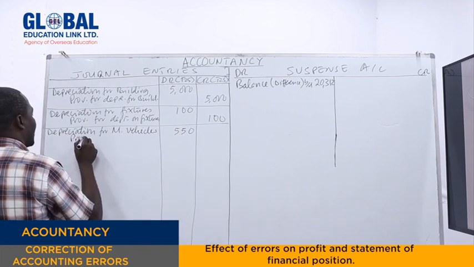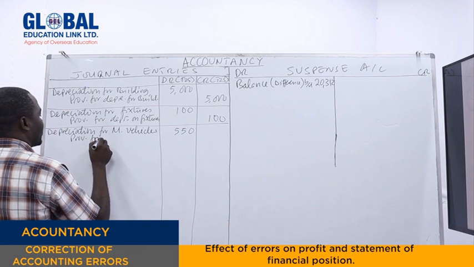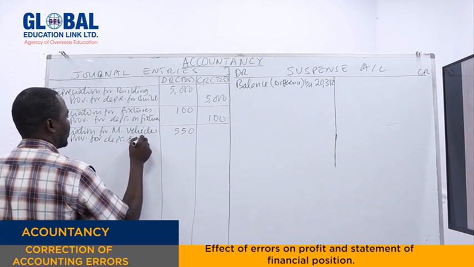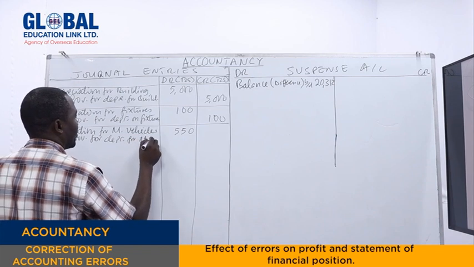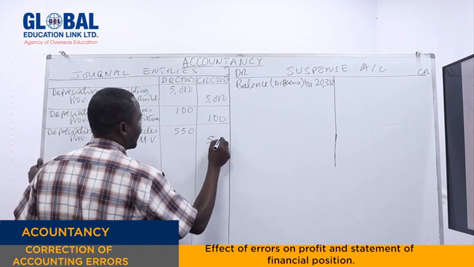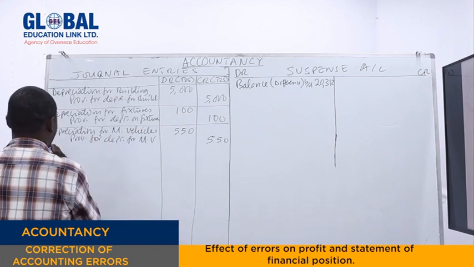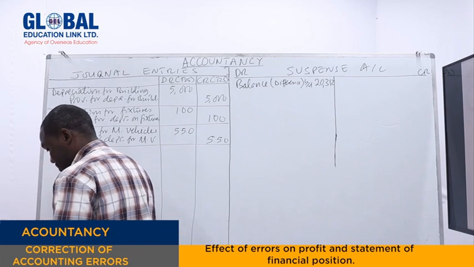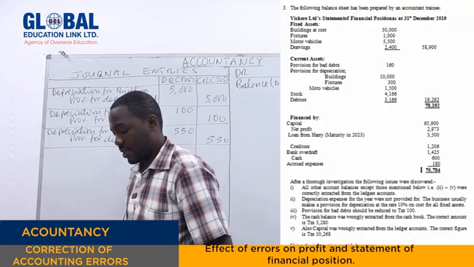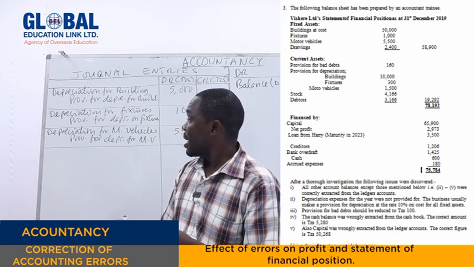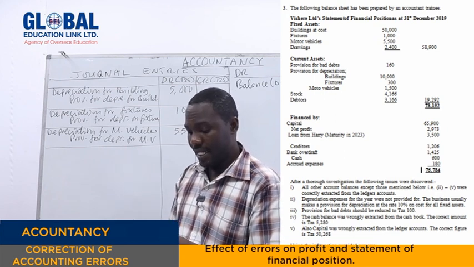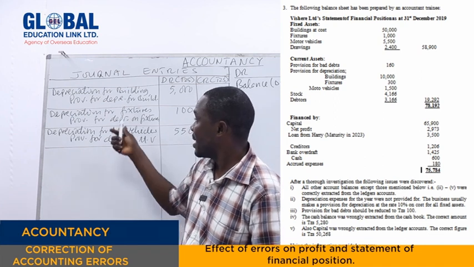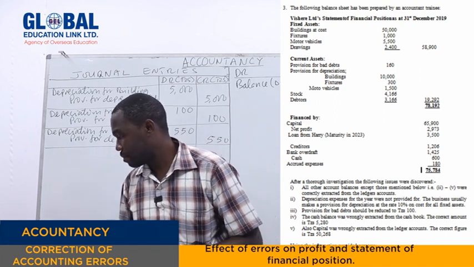So provision for depreciation for motor vehicle, that is 550. So you put your narration. I think our fixed assets are over. We have building, fixtures, and motor vehicle. So we have provided for the depreciation.